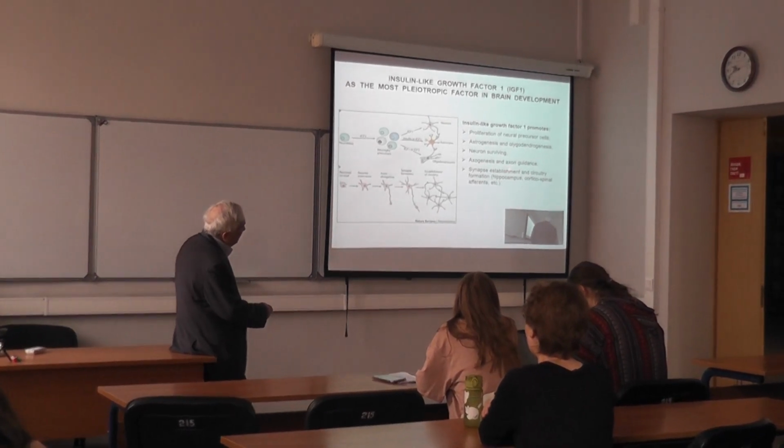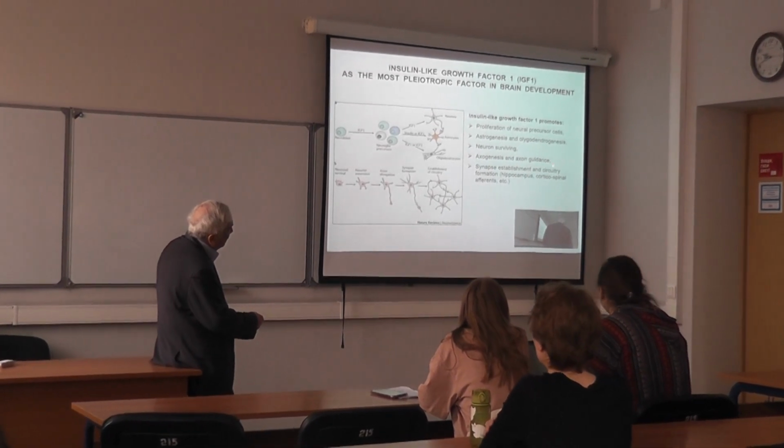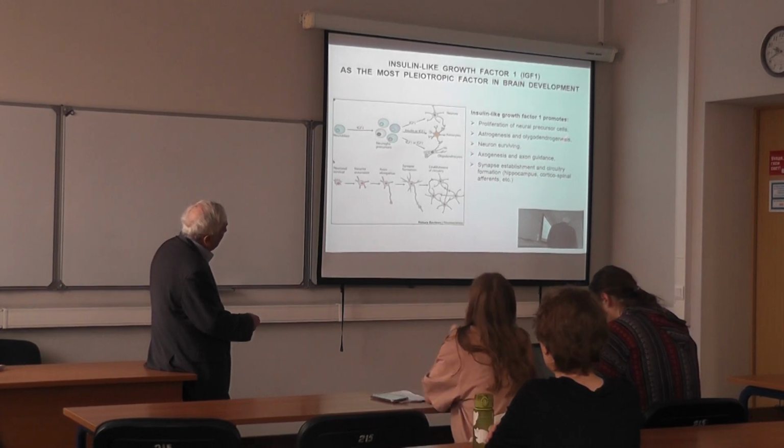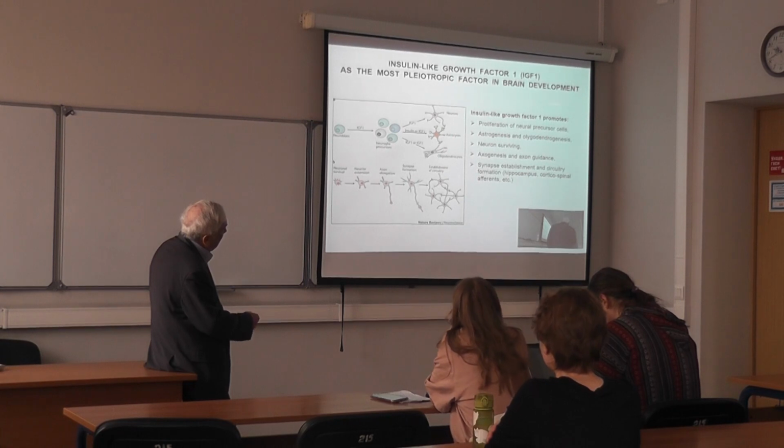Then axogenesis and axon guidance, and the establishment of synaptic interrelations between differentiated neurons. All these steps of the neuron differentiation and of the glial development are under the control of growth factors, not only insulin-like growth factors. There are a number of others which are very important.